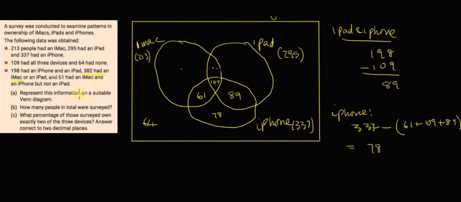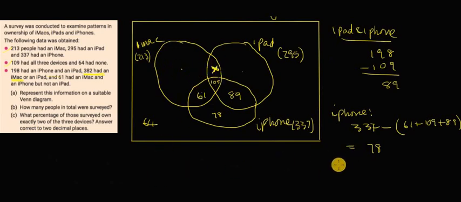Now, let's go back to this information we couldn't fill in at the time. 382 had an iMac or an iPad. So the technique is we let the area in this middle bit here be X. Okay, X. We don't know what it is. But we do know what this area is in terms of all of these.